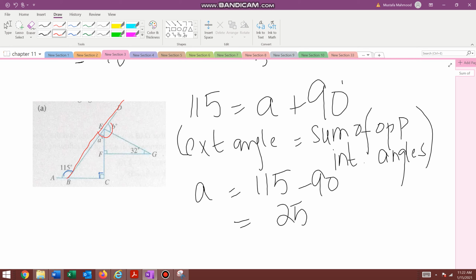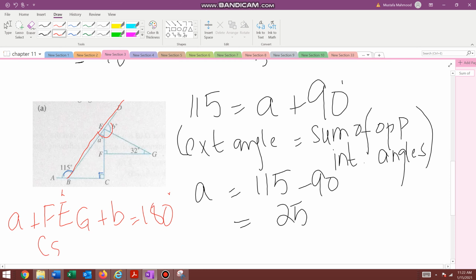So you can write it as angle A plus angle FEG plus angle B is equal to 180 degrees because they're all lying on a straight line. So if we find out angle FEG, we can put the value of that here. A we already know, and then we can find out the value of B.